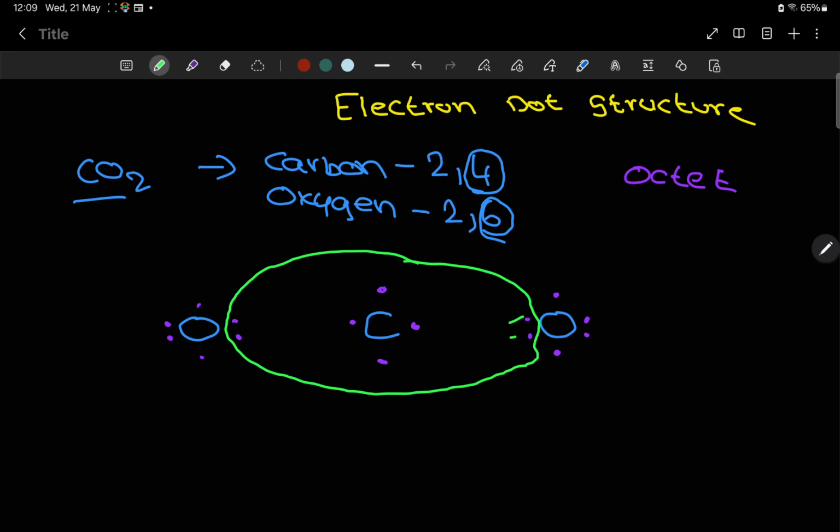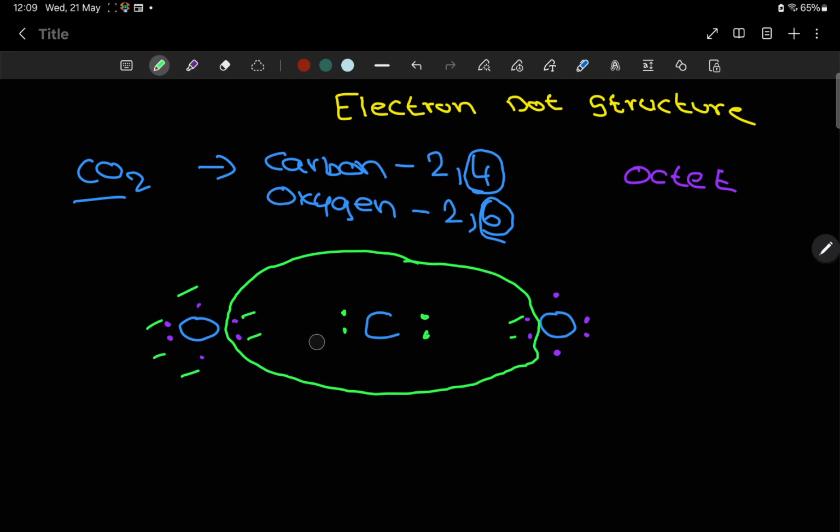And how many does oxygen need? Oxygen needs 2 electrons, right? It has 6, and it needs 2 more. Now it needs 4 from carbon: 1, 2, 3, 4, 5, 6, 7, 8.